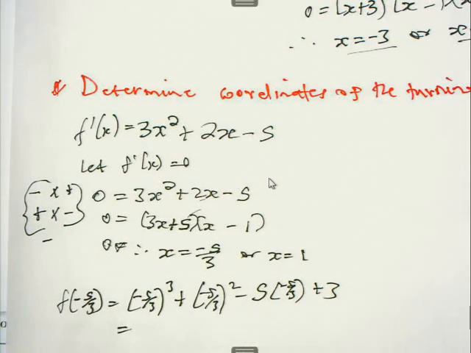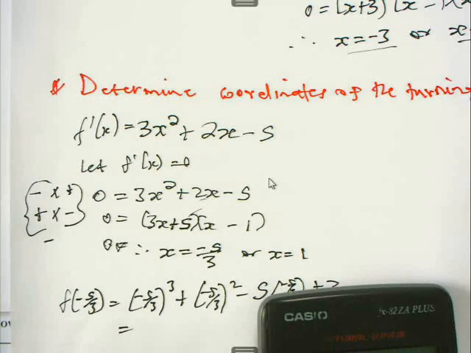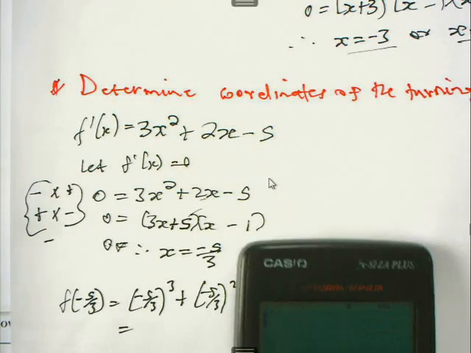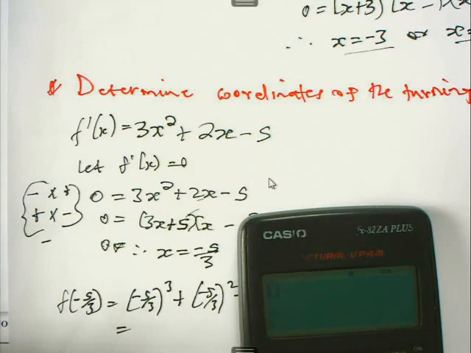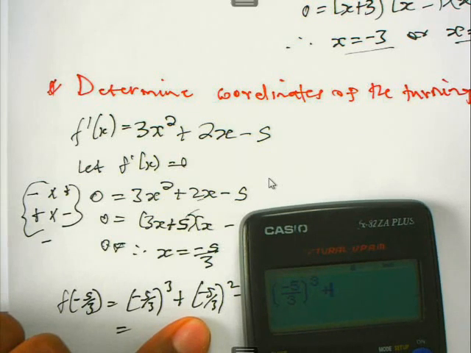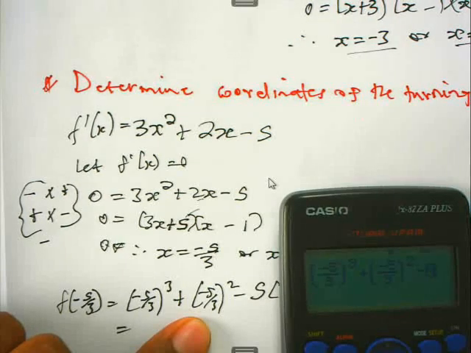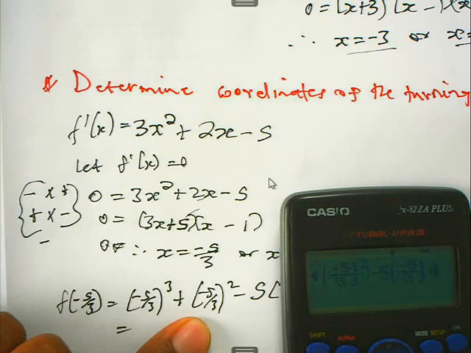Okay. And then of course, boys and girls, because I'm trying to save time, I'm going to take this one to say that will be minus 5 divided by 3 to the exponent of 3, plus minus 5 divided by 3 squared, and then minus 5 times minus 5 divided by 3, plus 3.